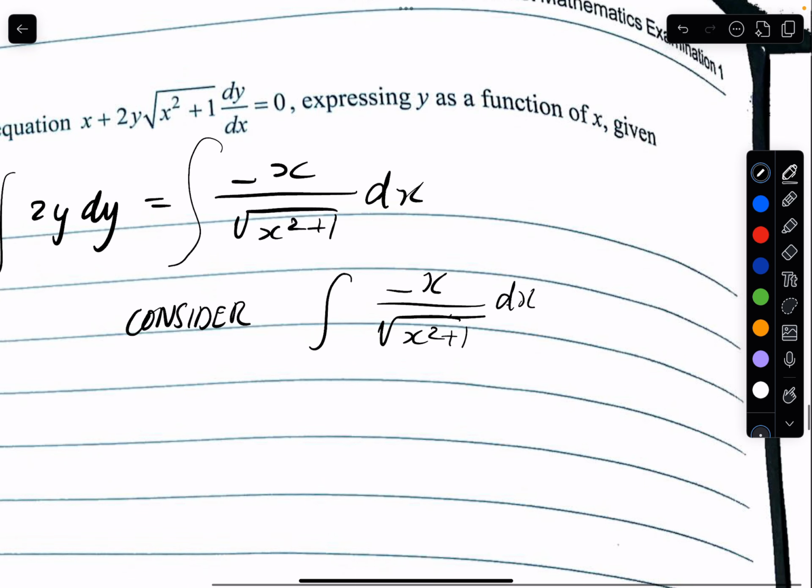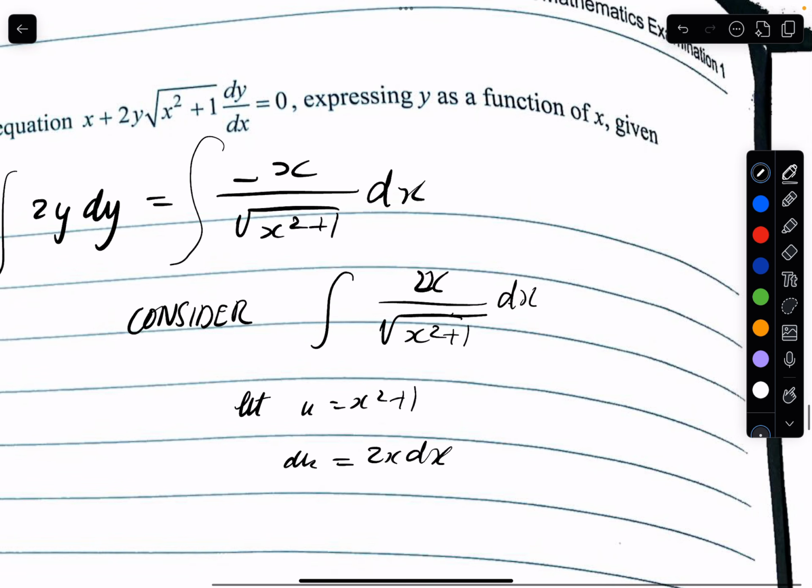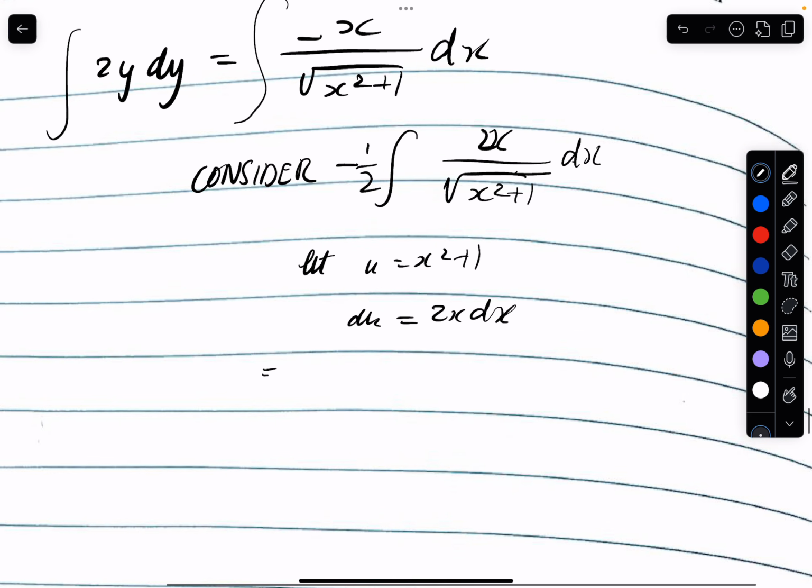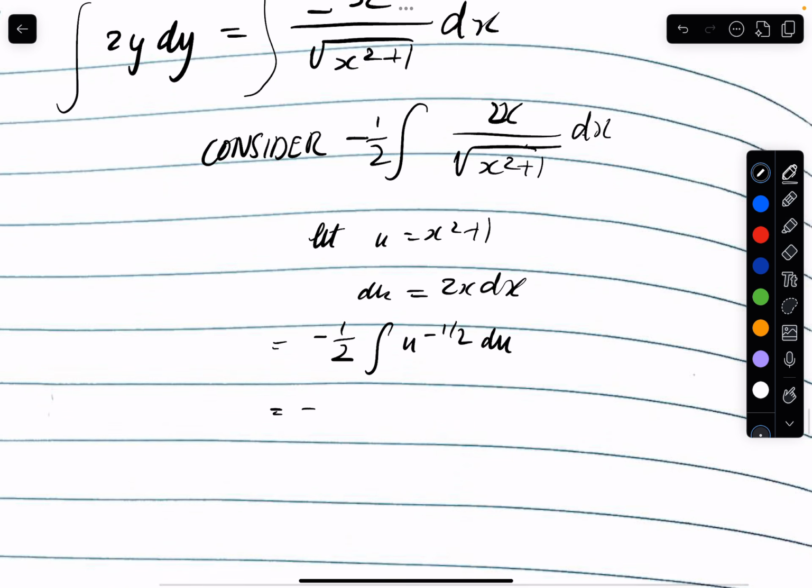Okay, so what we can do is let u be equal to x squared plus 1. du is 2x dx. So what we need is we need a 2 there. Take the negative out and put a 1/2. So that still makes negative x. So that's equal to negative 1/2 integral of u to the power of negative 1/2 du.